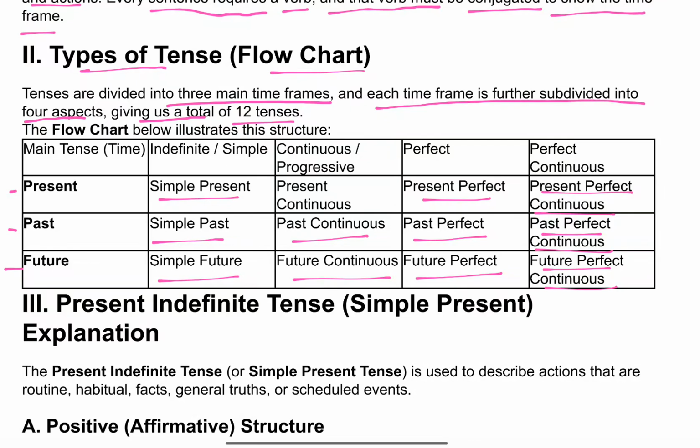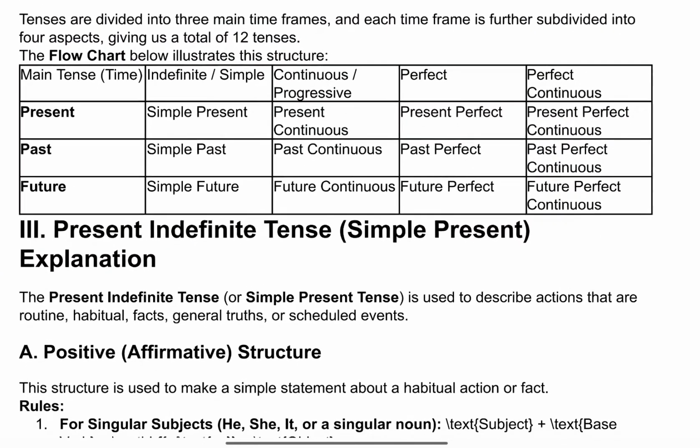If you remember first the present forms, then also remember simple past, past continuous, past perfect, past perfect continuous, same as simple future, future continuous, and future perfect continuous. So let's discuss present indefinite tense.